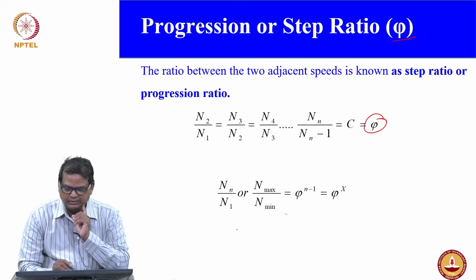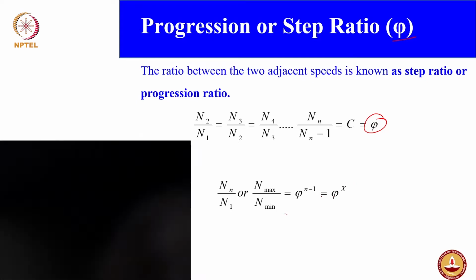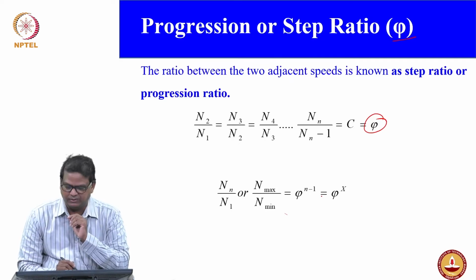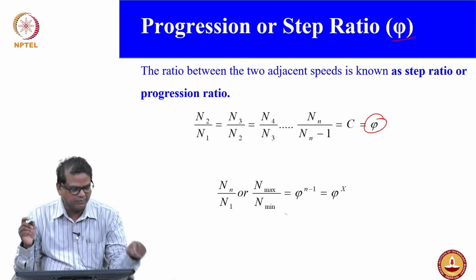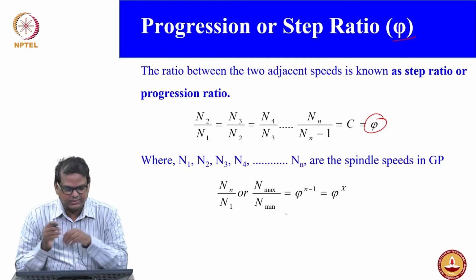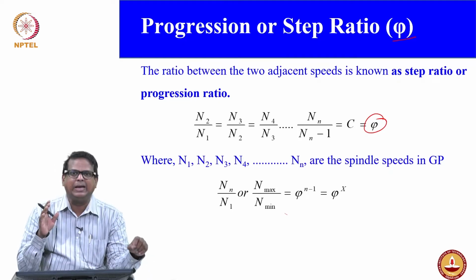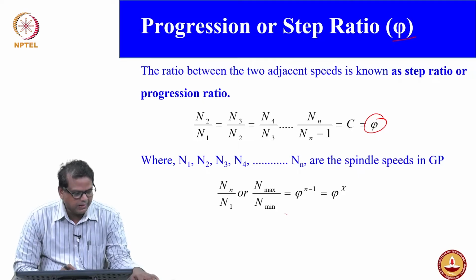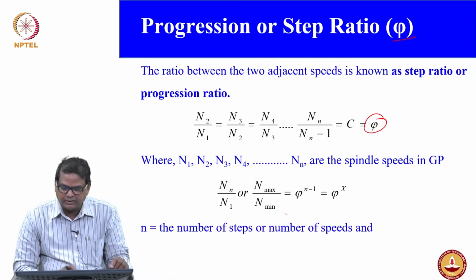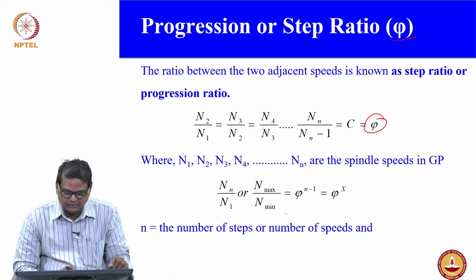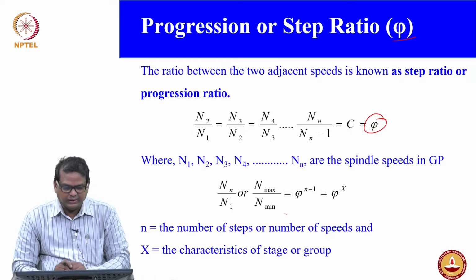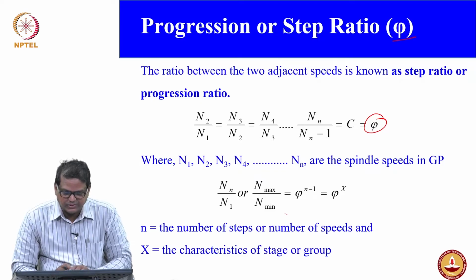Here psi is the step ratio and x is the characteristic formula. n1, n2, n3, n4 are the spindle speeds in geometric progression, and n is the number of steps or number of speeds, where x is the characteristic stage or group.